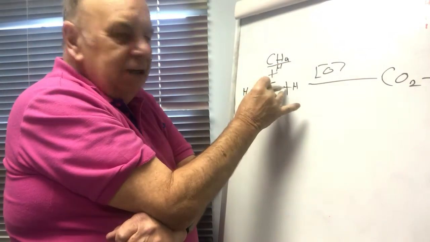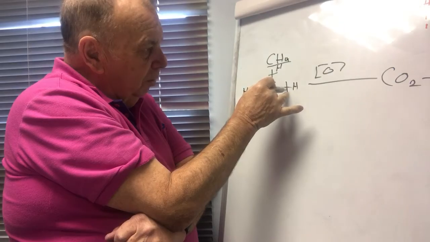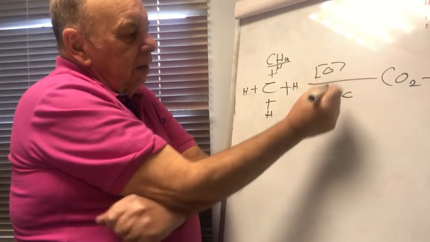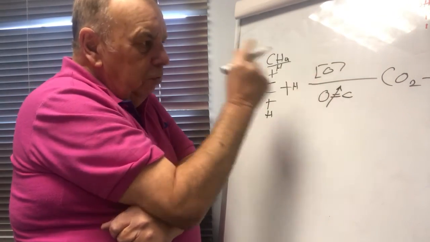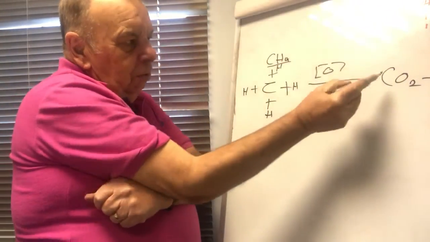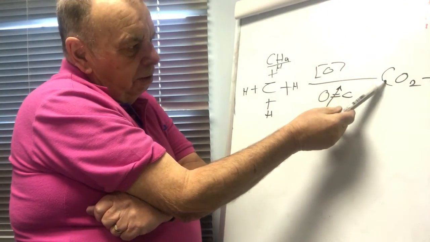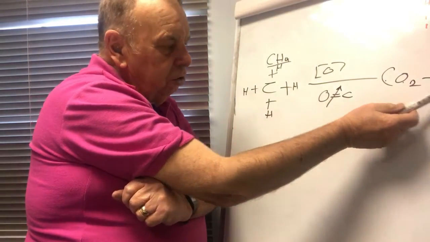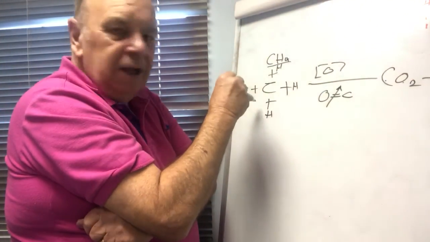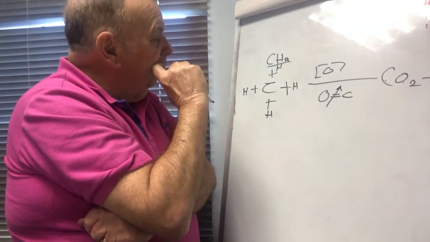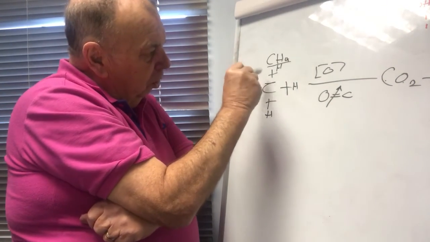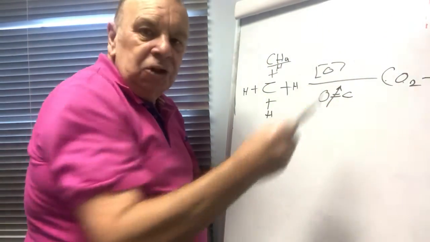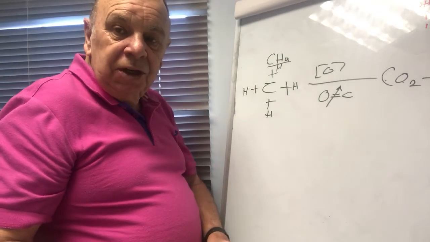So in the case of that, bonds are being broken, and here is oxygen, and those bonds are being broken. Whereas here we formed bonds between the carbon and the oxygen, and we formed bonds between the hydrogen and the oxygen. Therefore, this is a typical exothermic reaction in which, when bonds are broken, energy is released, and when bonds are formed, the energy is gained.